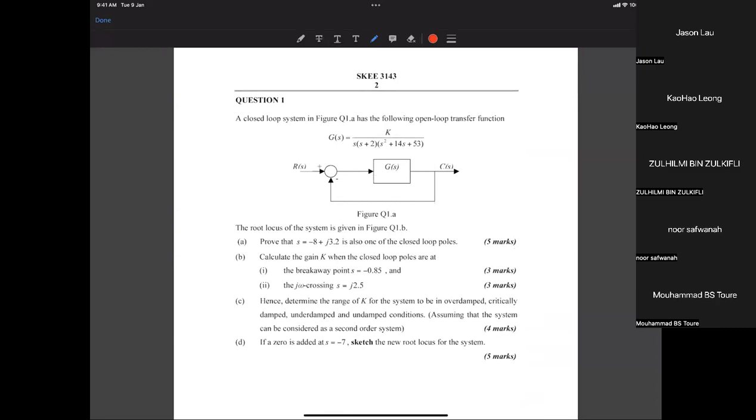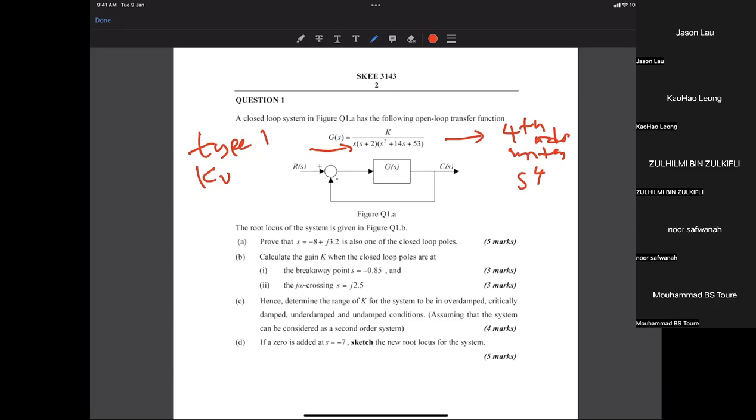Okay. So we can extract some info here. It is a fourth order system. It is a type 1, correct? Because we have an s over here. So you use Kv, velocity error constant.